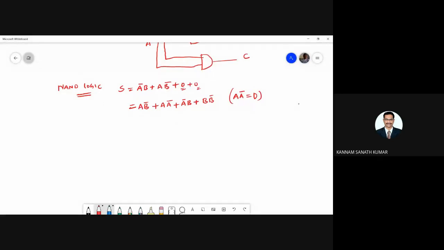This one you can take A common. What you are getting is A into (A bar plus B bar). Again from here you can take B common. So what you are getting is B into (A bar plus B bar).